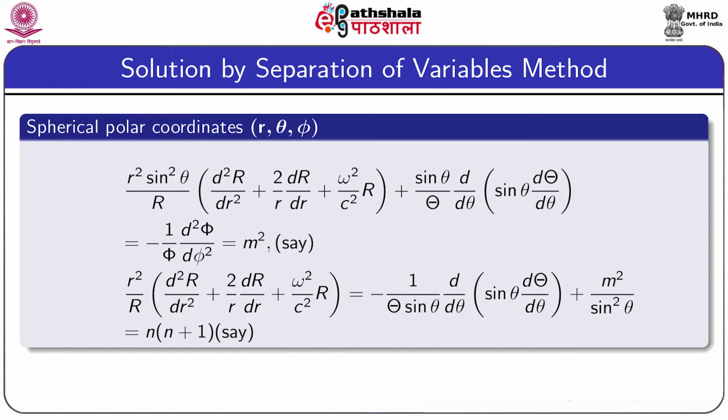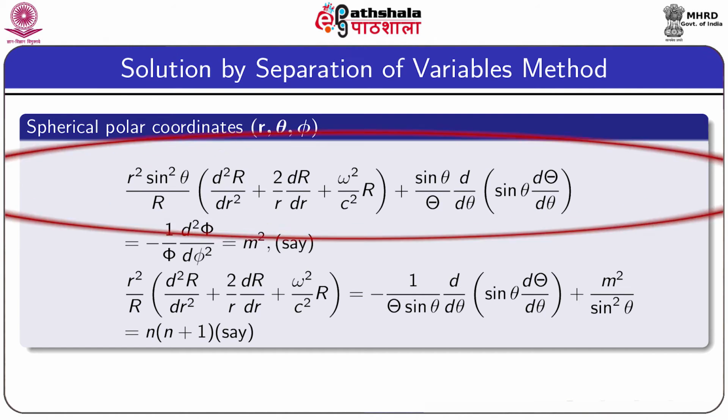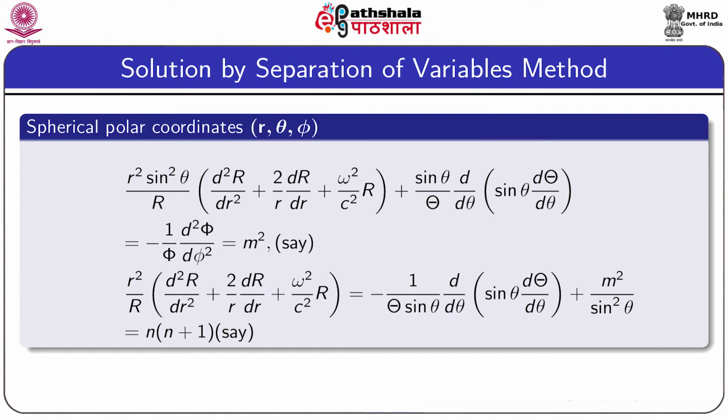So, using that separating constant, we then separate the function of phi from the function of r and theta. In the first line you can see that we are separating phi from the other two variables r and theta, and we are assuming the separation constant as m square.